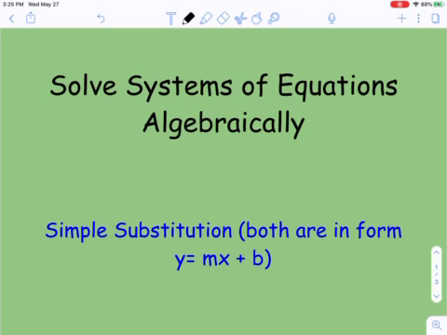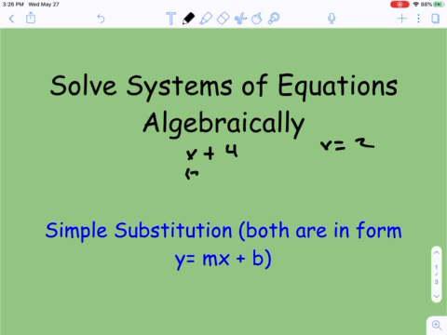So I'm going to show you a couple different situations. We're going to use the same method throughout. We're going to use this method called substitution. You guys know what substitution is. Substitution is basically the same kind of thing that if I say, hey, I have the expression x plus 4 and x equals 2, evaluate that.